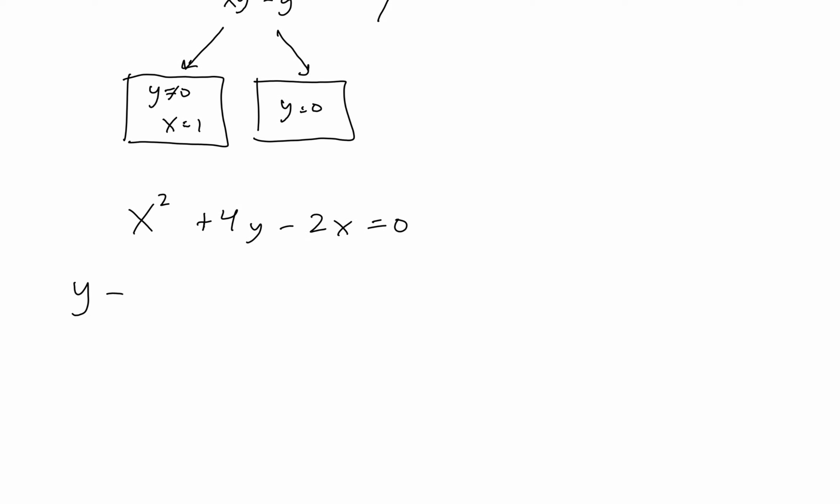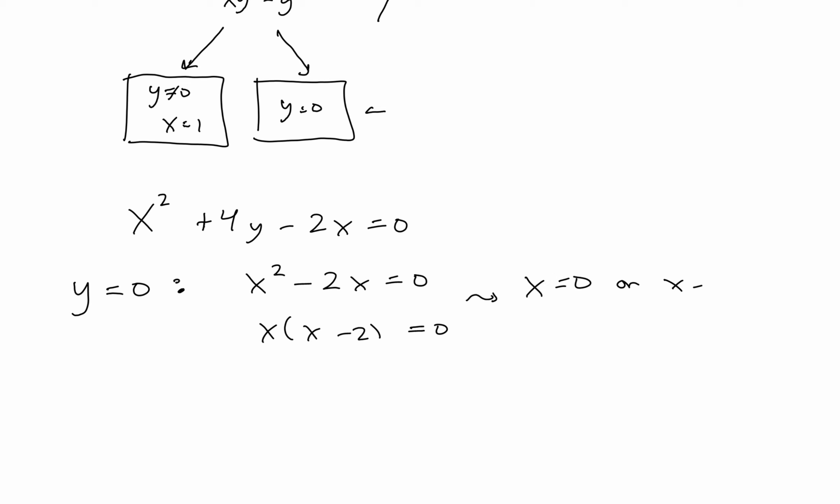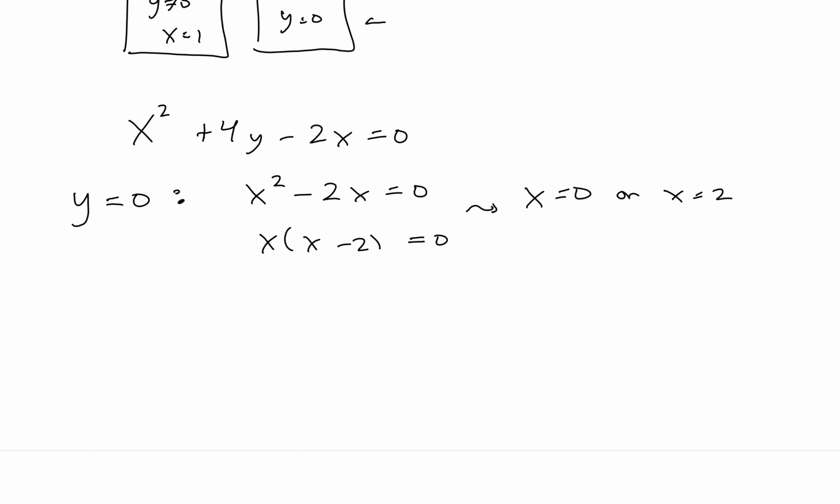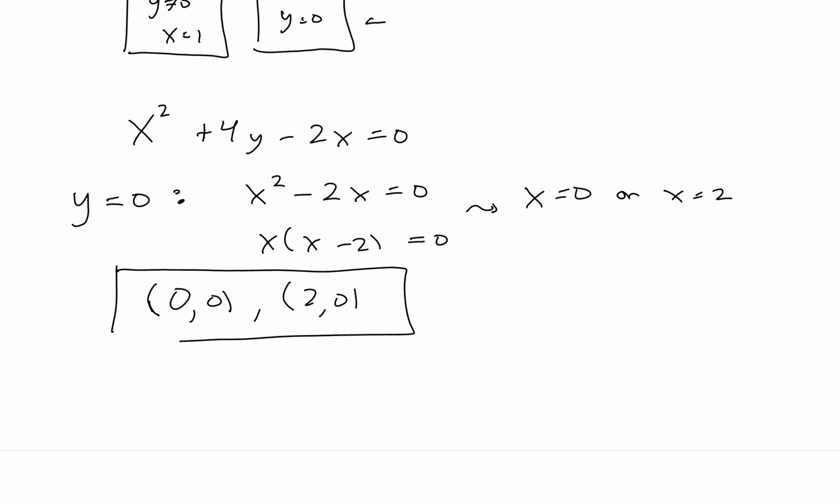So the first one, if y is equal to 0, so that corresponds to this case. Well, that would mean x squared minus 2x is equal to 0, and this is equivalent to x times x minus 2 is equal to 0. So this leads to x is equal to 0 or x is equal to 2. So the points we get out of this that could be local maximums and local minimums are (0, 0) or (2, 0). So we're going to want to keep track of those.